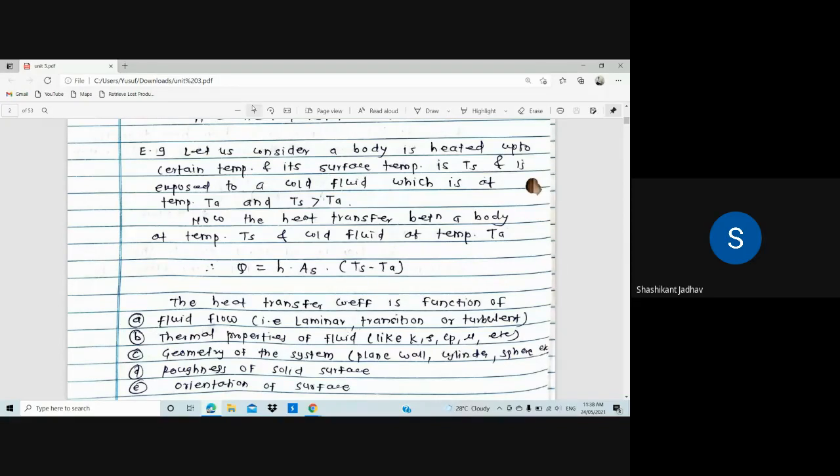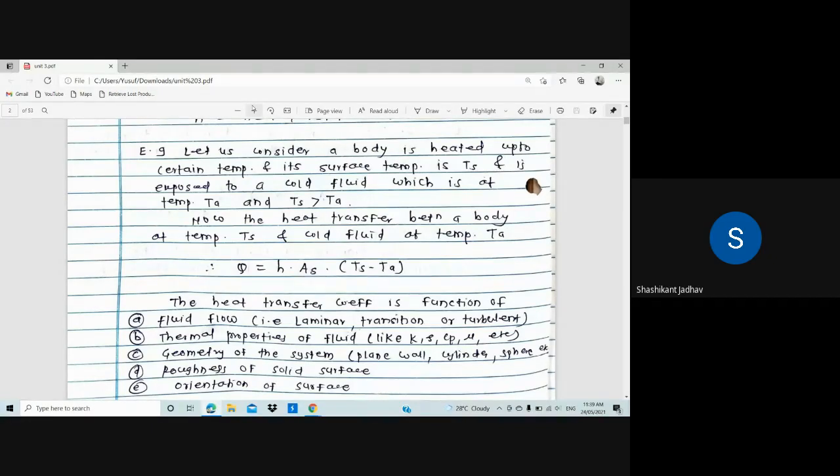Then second, thermal properties of fluid. So in that we have to write down like K, that is thermal conductivity, rho density, mu viscosity, Cp specific heat. Write down thermal properties of fluid in bracket like K, rho, Cp, mu, etc. Okay.